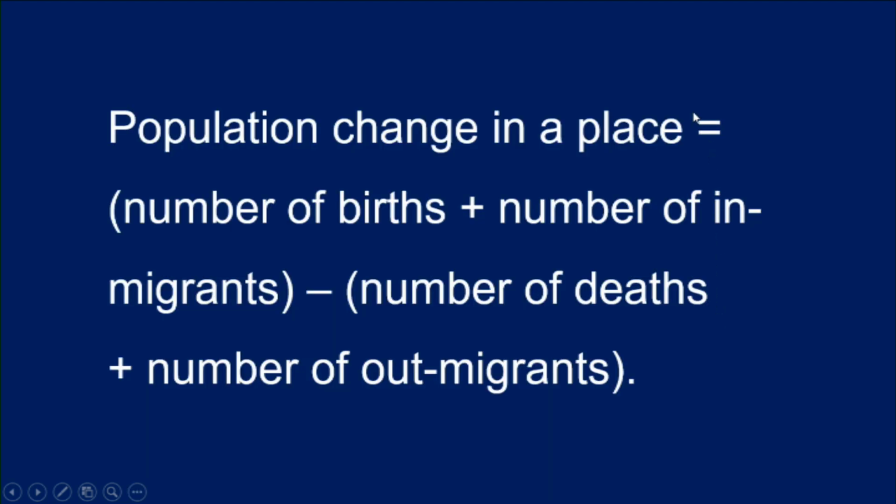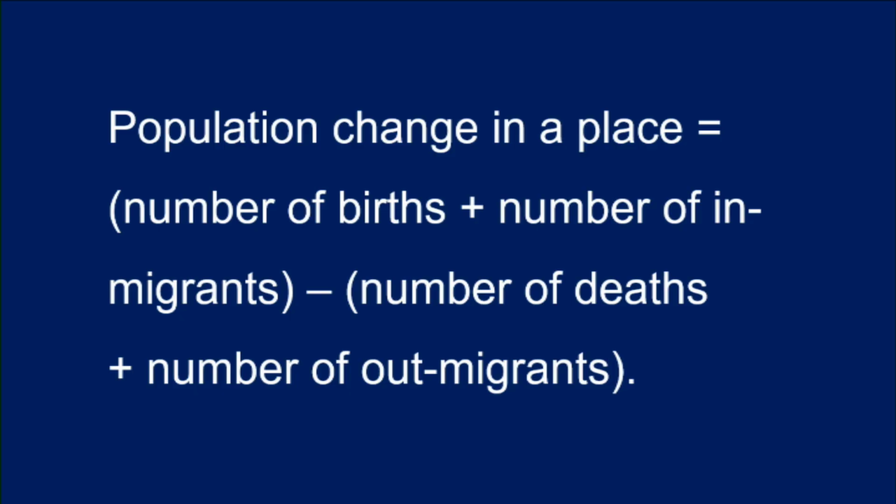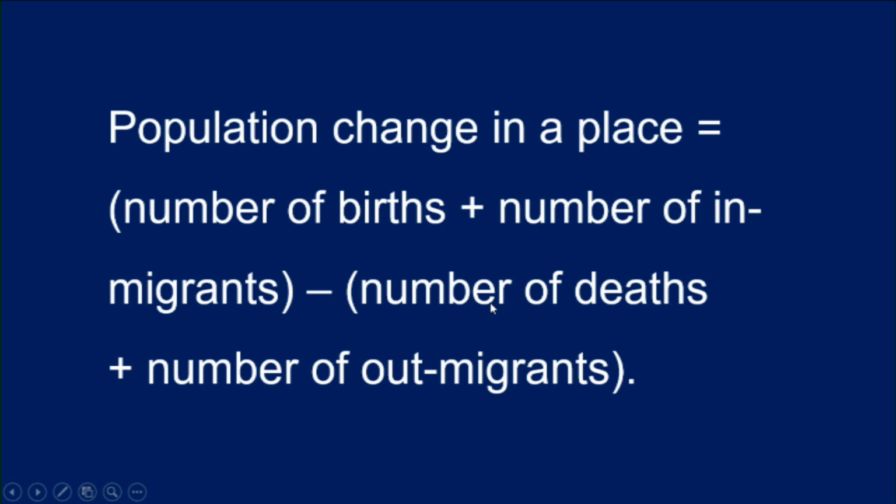Population change in a place, how do we check that? It is the number of births plus the number of in-migrants, minus the number of deaths plus the number of out-migrants. In-migrants are the people who came from other places to our place. Imagine that in your village, people came from another village; they are called in-migrants. Deaths are the people who died, and out-migrants are those who went from your village to other villages, other states.